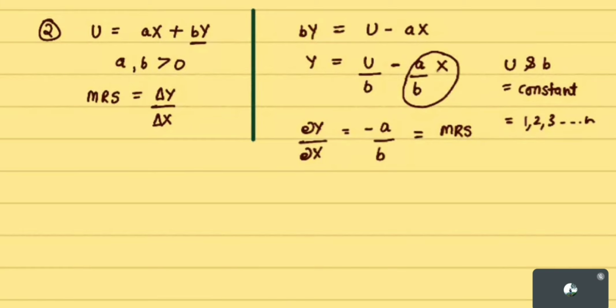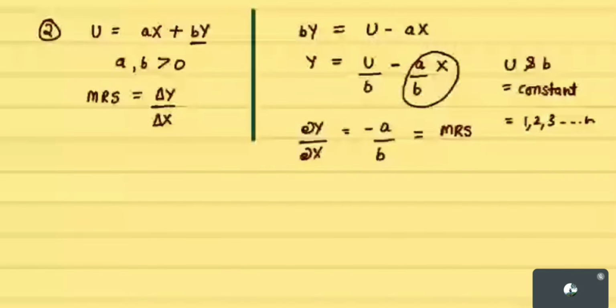Second, using the other information, it is a linear function. You change x by some amount, y will change by a by b times. Okay, this is the slope. So using this information we'll get an indifference curve which will be downward sloping. And second, it will be a straight line because it depicts the linear relation, one-to-one relation.